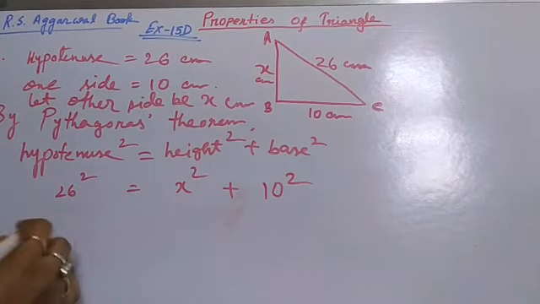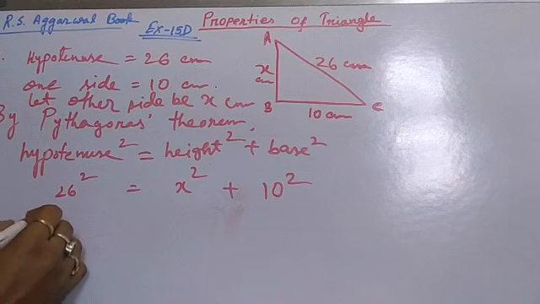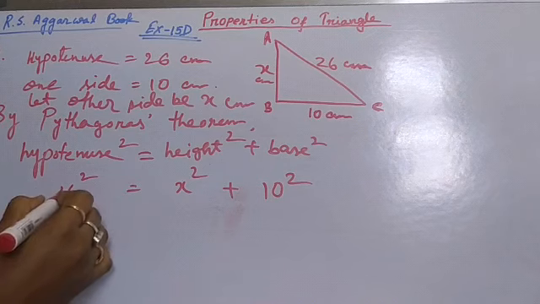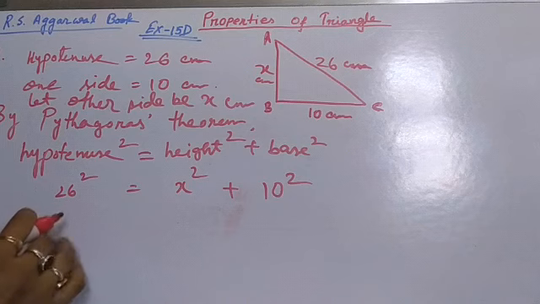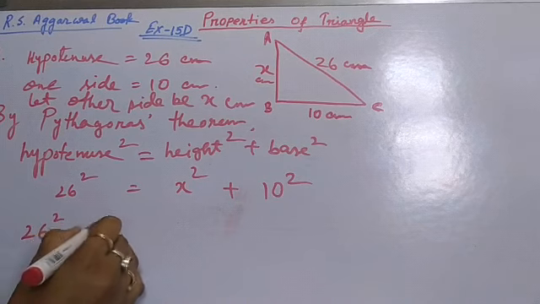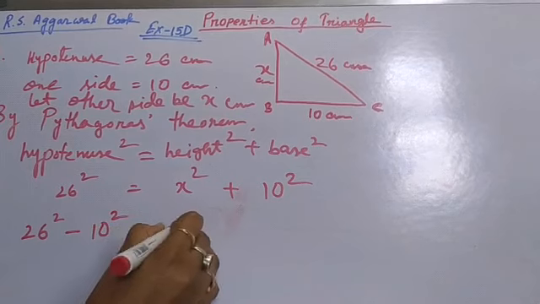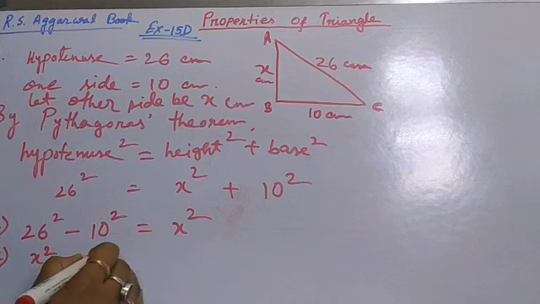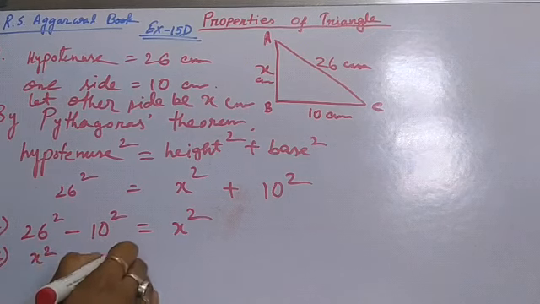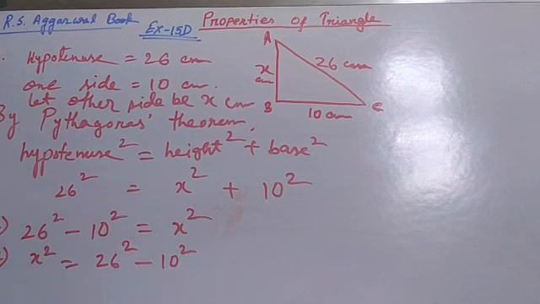So x will be fixed, 10 will come to this side, that means 26 square minus 10 square equal to x square. By reversing, I am writing x square equal to 26 square minus 10 square.